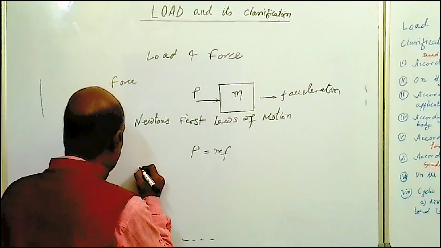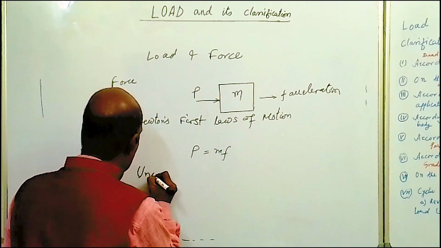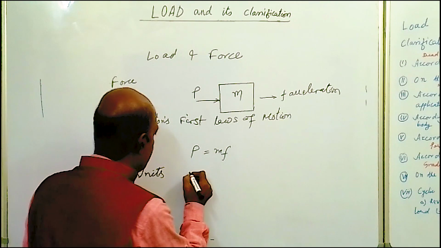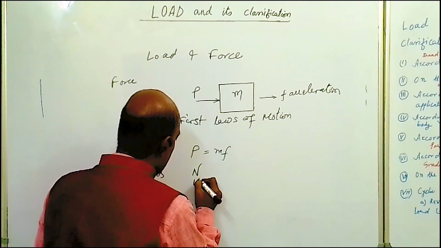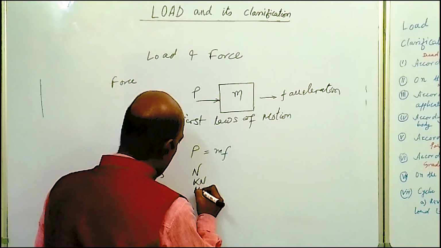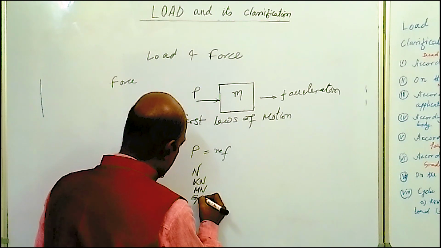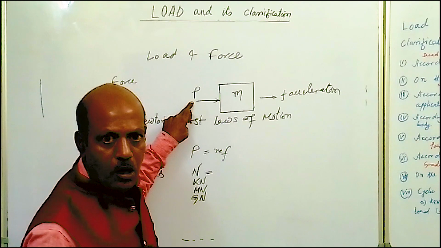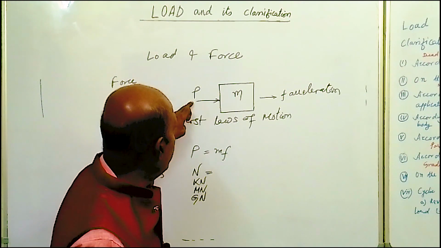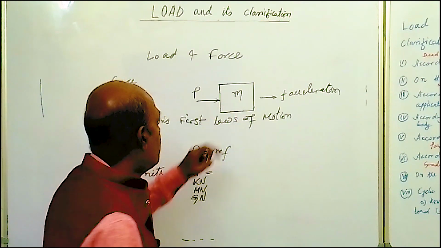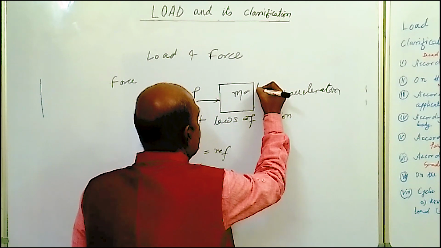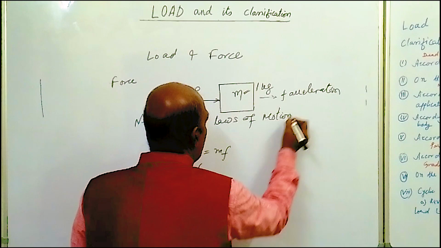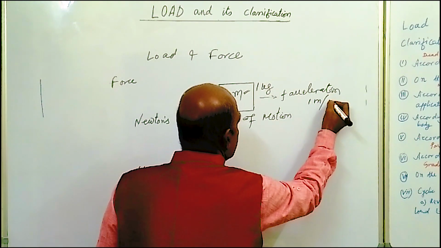And if we see the units, the unit of force is given by Newton, kilonewton, meganewton or giganewton. Now what is Newton? It is that force which, when applied over a body of mass 1 kg, produces an acceleration of 1 meter per second square.